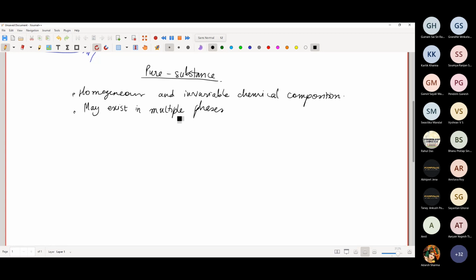Despite existing in multiple phases, the chemical composition must be equal.